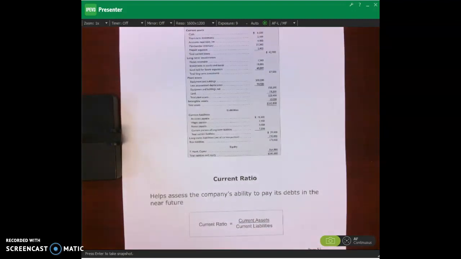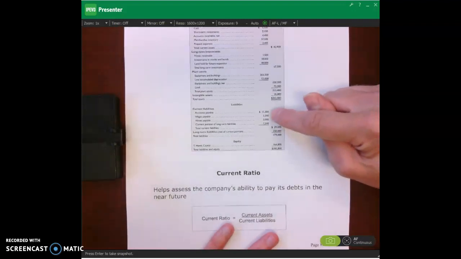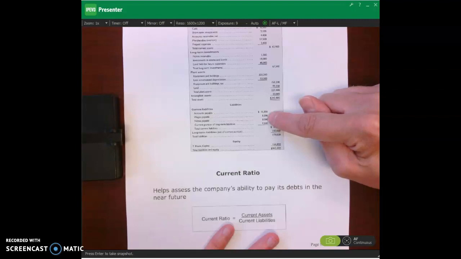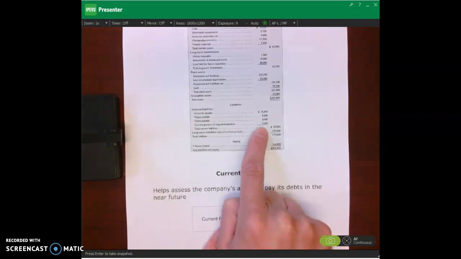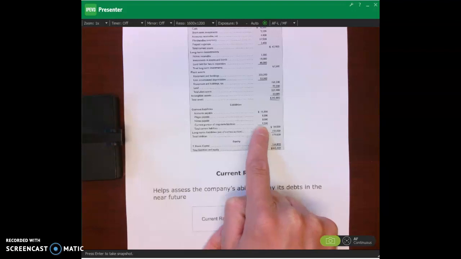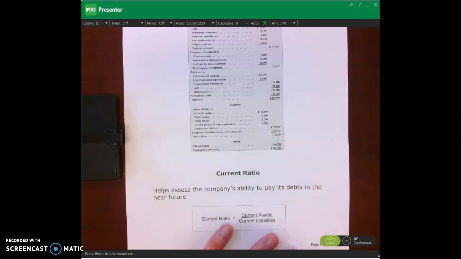Then we look at the liabilities, and we have our current liabilities of accounts payable, $15,300, wages payable of $3,200, notes payable of $3,000, and then we have a current portion of long-term liabilities. So what this is telling you is that we have some long-term notes payable, for example, but we have to pay some of that in the next year.